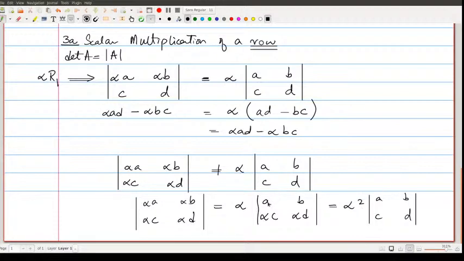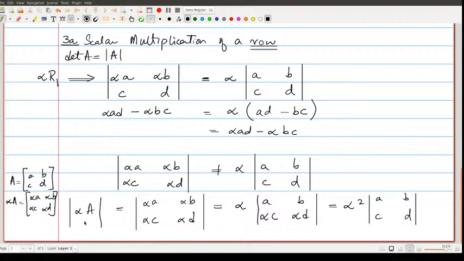So this property also tells us, if I can write this matrix down as alpha times A, so if A was A, B, C, D, and I multiply alpha with A, then that's just being multiplied with every row: alpha A, alpha B, alpha C, alpha D. So what we really have over here is the determinant of alpha A, right?